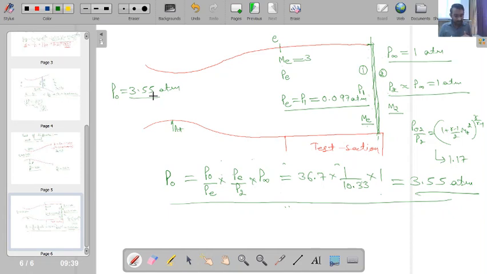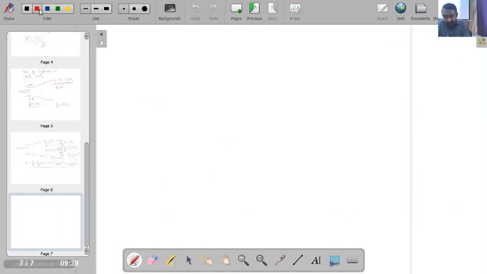Okay, now let's go a little bit more advanced, with a slightly more modified design. I will take the same nozzle, same constant cross section, but after the test section I will use a diverging duct, something like this.